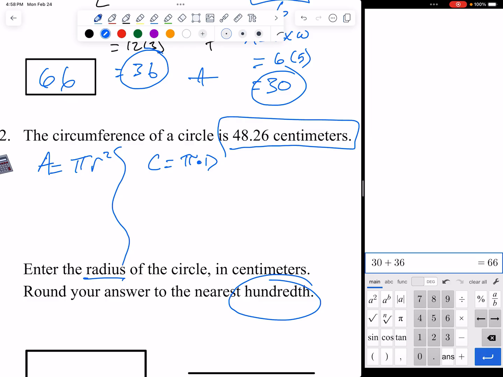So in this case, what did they give us? Well, they gave us the circumference already. So the circumference is going to be in centimeters right there, because again, circumference was given. Well, we know what pi is. Pi is 3.14. And in this case, we're going to find the diameter. So let's use substitution here. I'm going to use 48.26 equals 3.14 times the diameter.